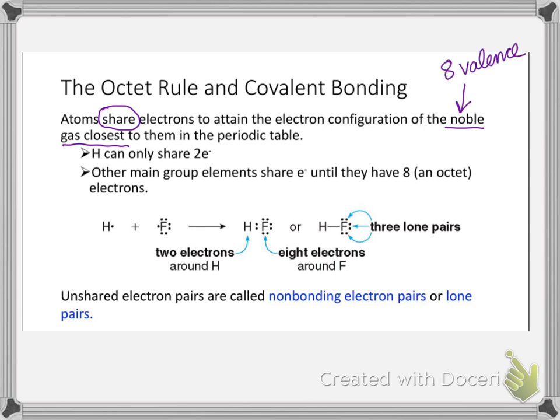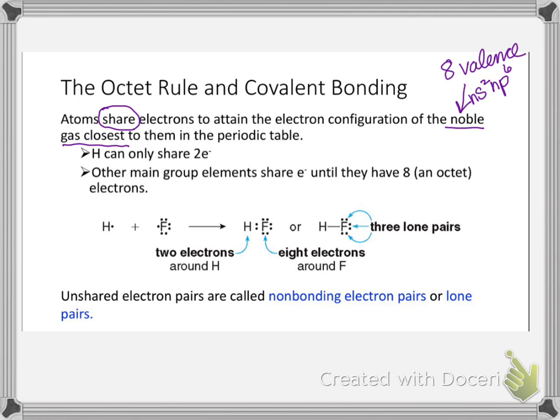That means they have 2 in their s, whatever level they're on, and then they also, on whatever level they're on, have 6 in the p. I'm writing the letter n because I don't know if they're in the second level, I think that's neon. I don't have the periodic table right here. The third level, argon. So I don't know which level they're on, but what all noble gases have in common is 2 s electrons in their valence and 6 p.